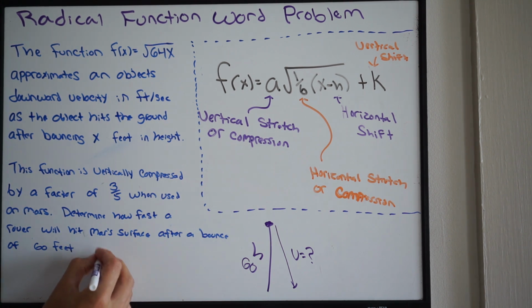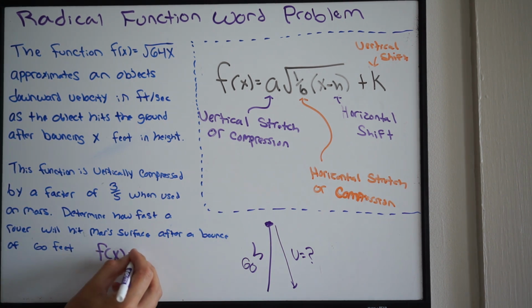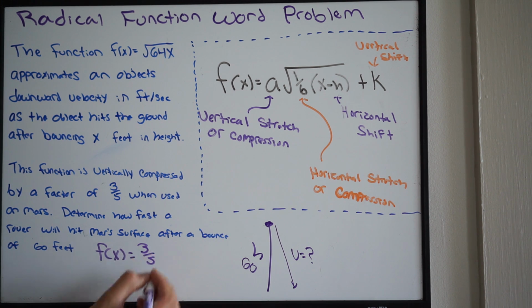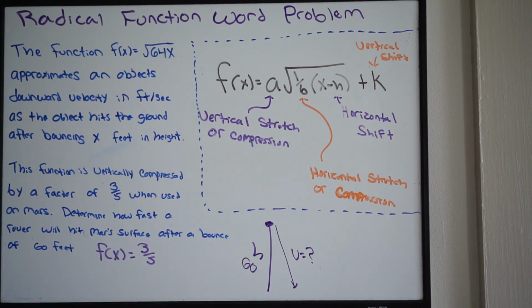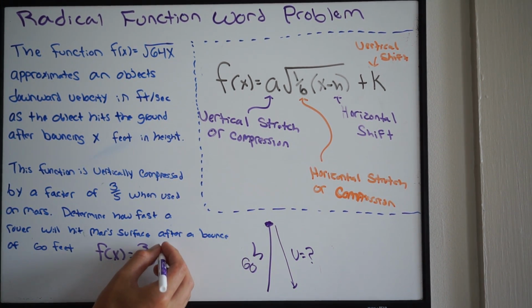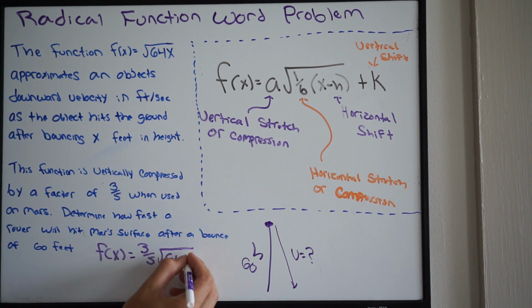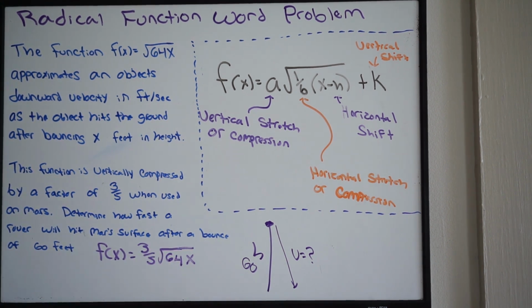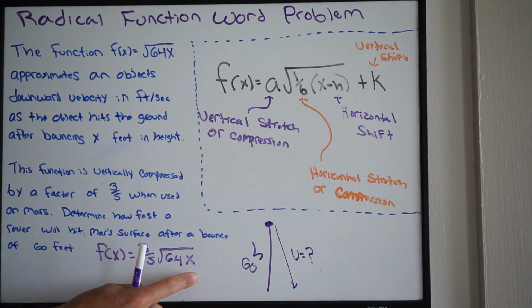We'll have f of x equals 3/5 times the square root of 64 times x. So all you have to do at this point is go ahead and plug in your value for x.